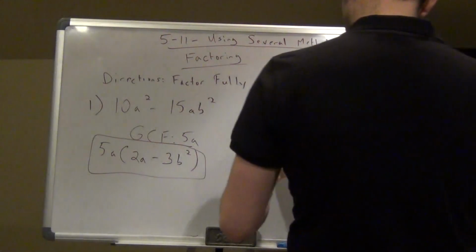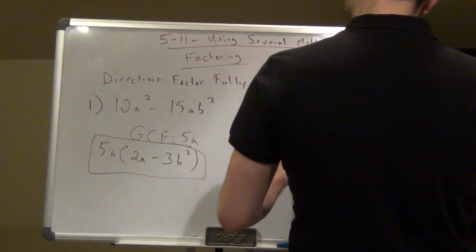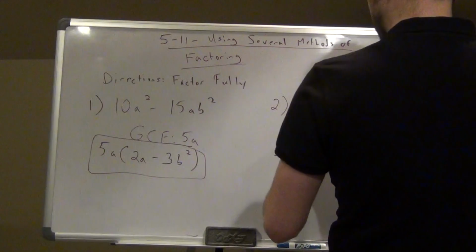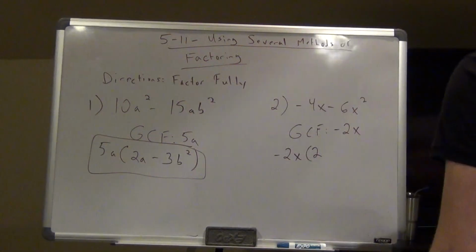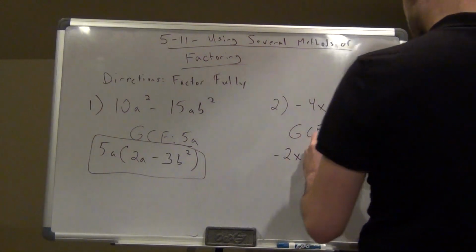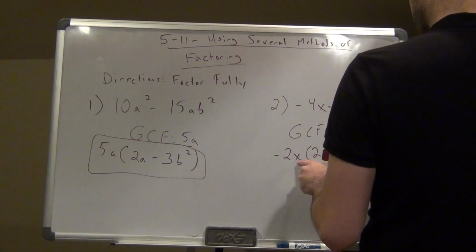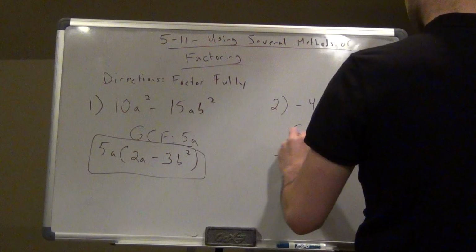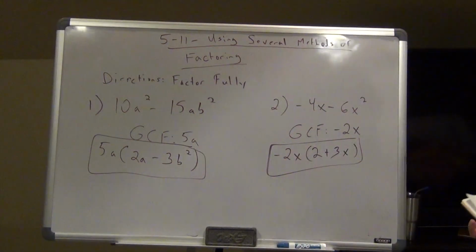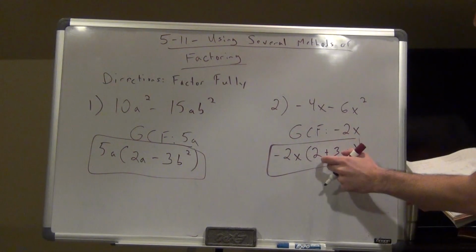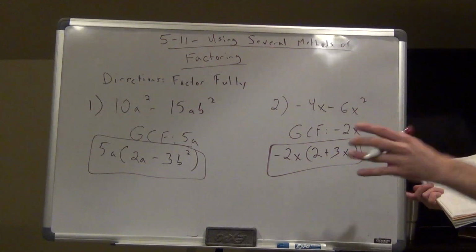So I'm going to take a negative 2x out of each one. Negative 4 divided by negative 2 is positive 2. Take away an x, there's no x's left. Negative 6 divided by negative 2 is positive 3. Take away an x, there's 1x left. That's it. I cannot factor what's in the parentheses anymore, so that's done.